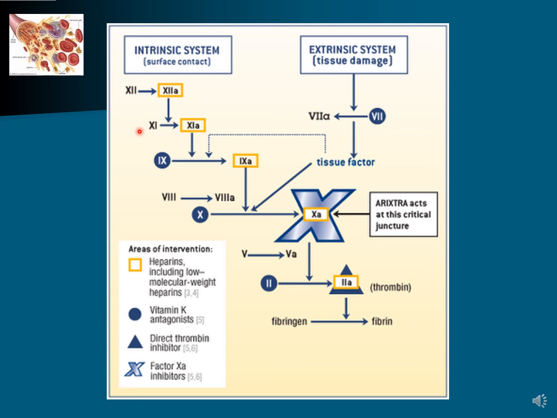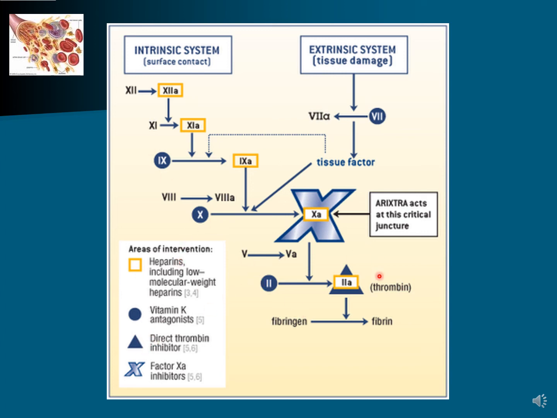So they are indirect factor 10 inhibitors, and they also interact with factor 12, factor 11, factor 9, and factor 2, and therefore prevent the formation of fibrin and then prevent the coagulation. The circled ones are the coagulation factors that are vitamin K dependent, and so these are the factors that are going to be inhibited. The synthesis of those factors is inhibited by the action of warfarin.